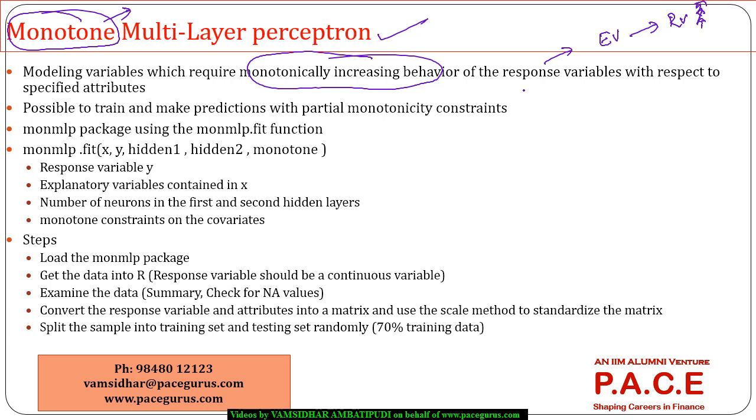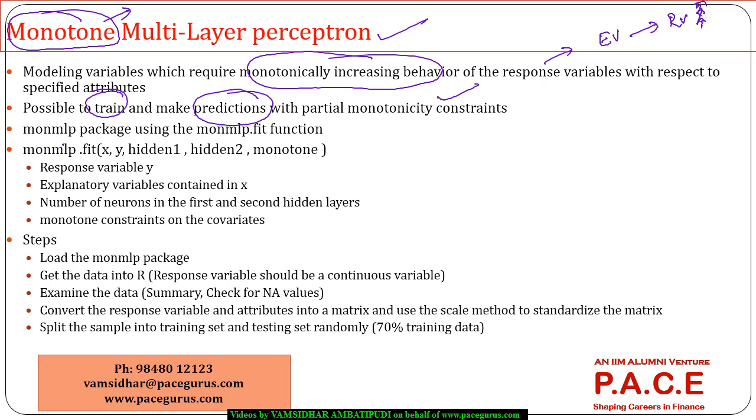For some specified attributes, I want my response variable to keep increasing only. There is no kind of falling of the response variable. And in such scenarios, I can very well take the help of monotonically increasing behavior, which can be obtained through monotone multi-layer perceptron. So here I would be able to train the model and make the predictions by setting some constraints with respect to partial monotonicity.